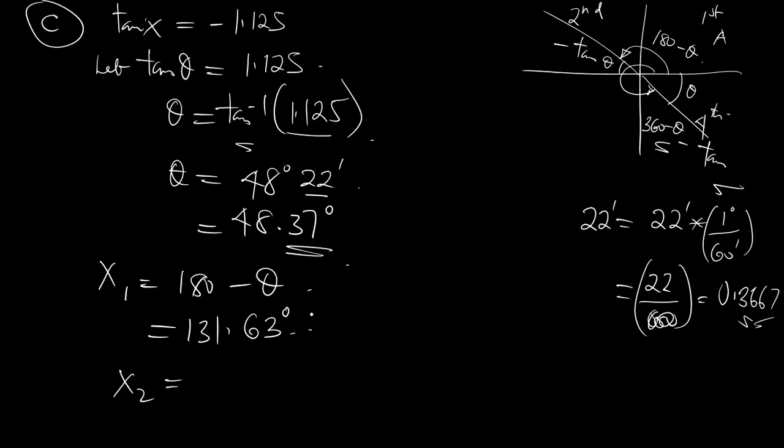That is where tan is also negative. You have 360 minus theta, 360 minus 48.37, that will give us roughly 311.63.